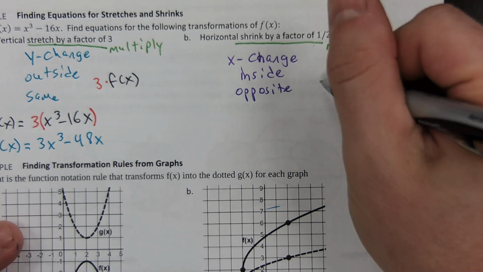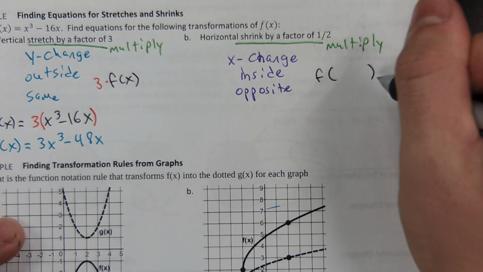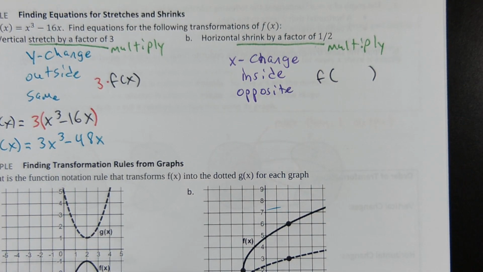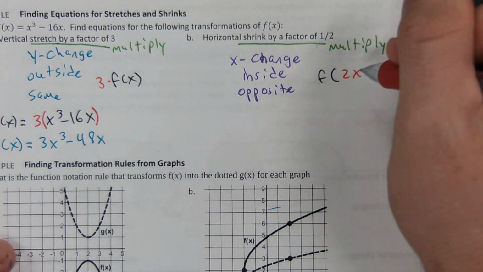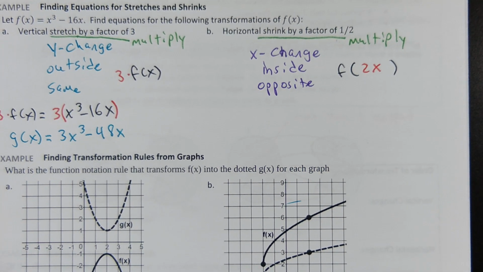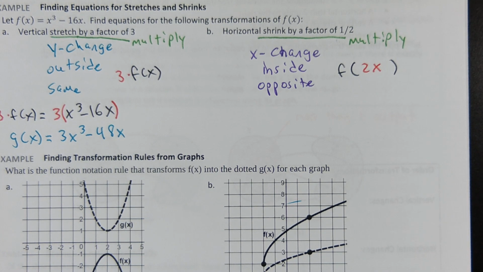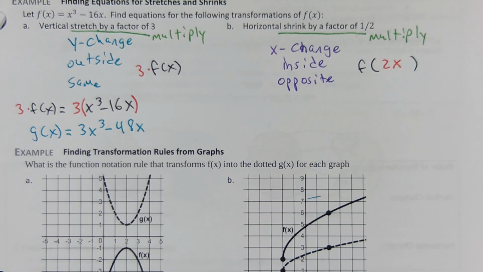So we have a multiplier on the inside, but remember, everything on the inside is a replacement. So I'm not going to write the x black, I'm going to write the x red, because I'm going to replace all of my x's with a 2x. Reciprocal multiplier. That's what opposite effect means.